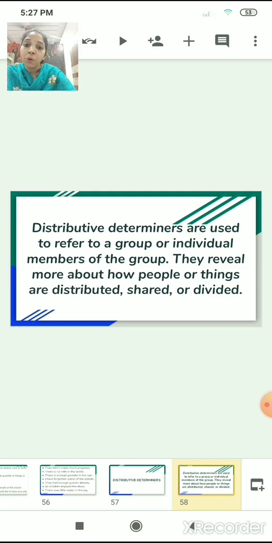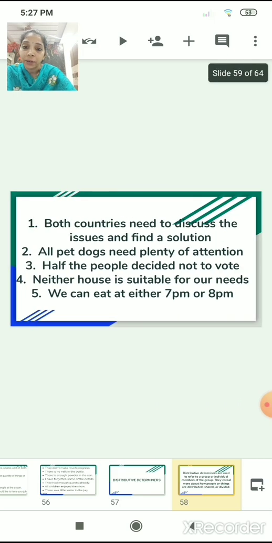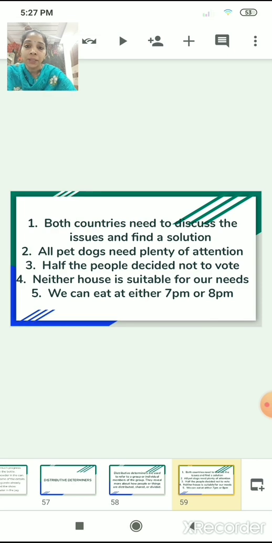They reveal more about how people or things are distributed, shared, or divided. Like in these examples, both countries need to discuss the issues and find a solution. So here, both is the distributive determiner used.